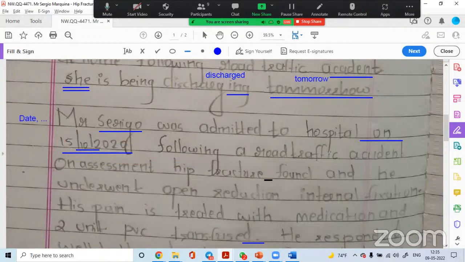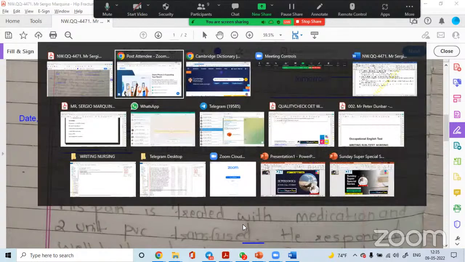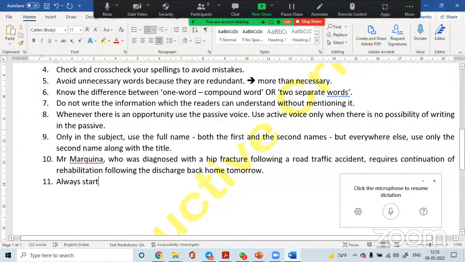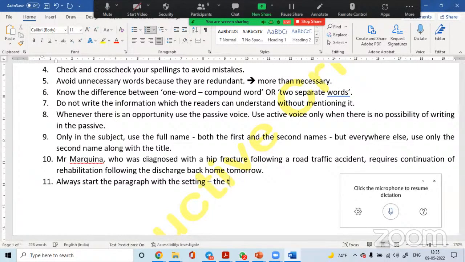Always start the paragraph with a setting, the time, if possible.